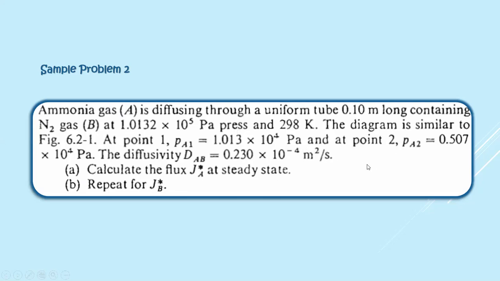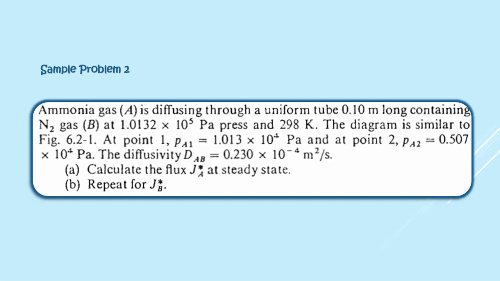The diagram is similar to the one shown in the previous slide. At point 1, the partial pressure of A is 1.013 times 10 to the 4th Pascal. At point 2, the partial pressure of A is 0.507 times 10 raised to the 4th Pascal. The diffusivity of A to B is 0.230 times 10 raised to negative 4 meters squared per second. This is our molar diffusivity of A to B.